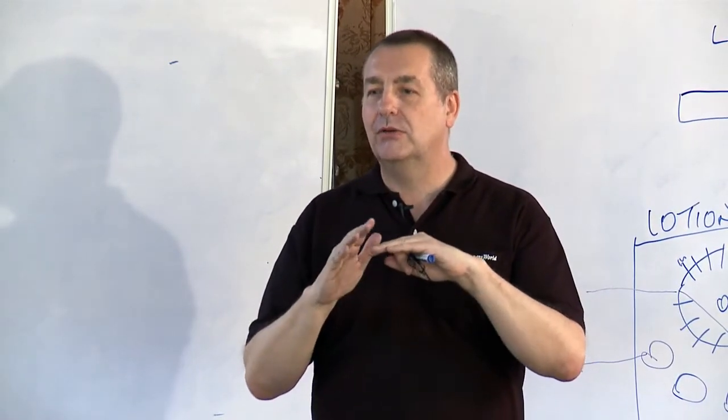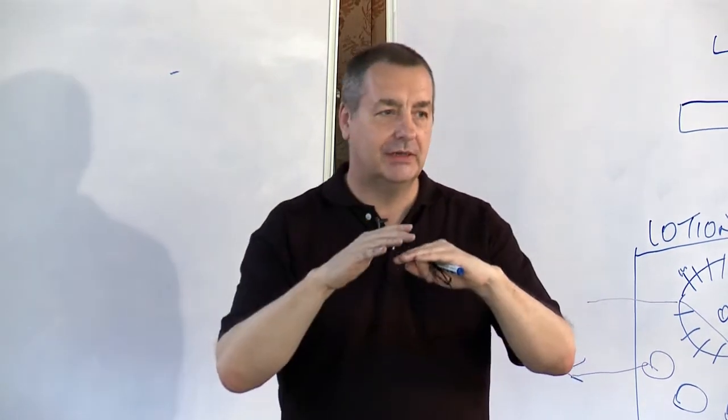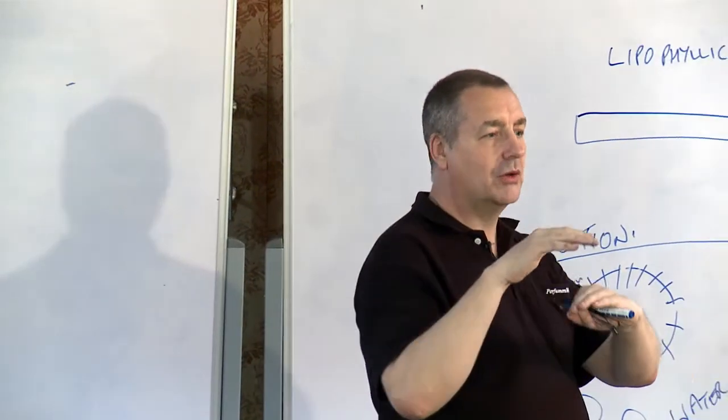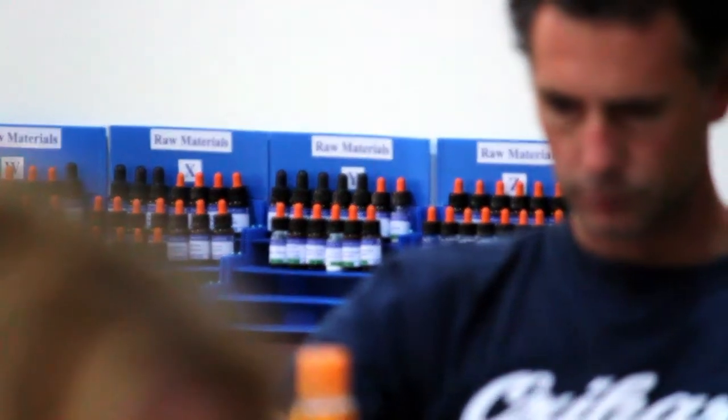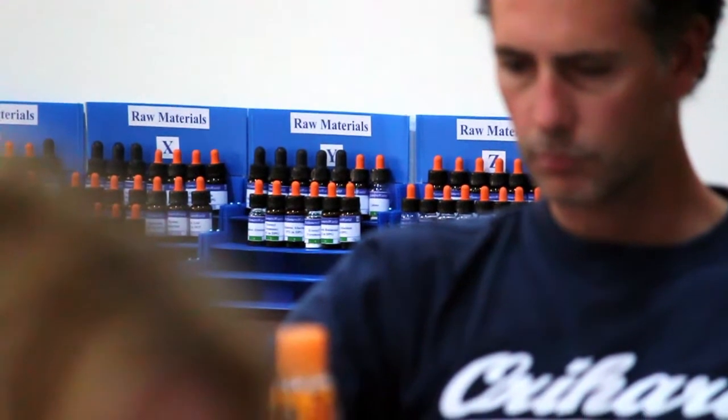So if you increase the viscosity, you can slow down that process of the molecules finding their own levels and separating into water and oil. Sometimes you can do it for many years if you make it thick enough. But inherently, in the end, after 100 years, I'm sure every single cream would separate into water and oil.